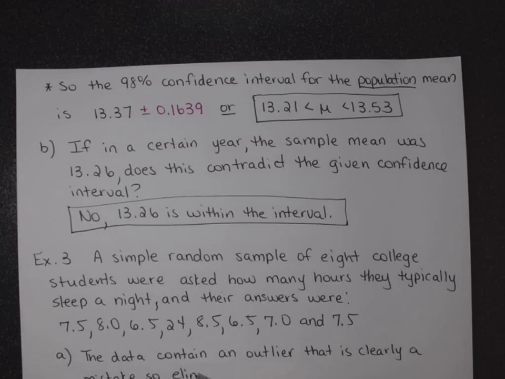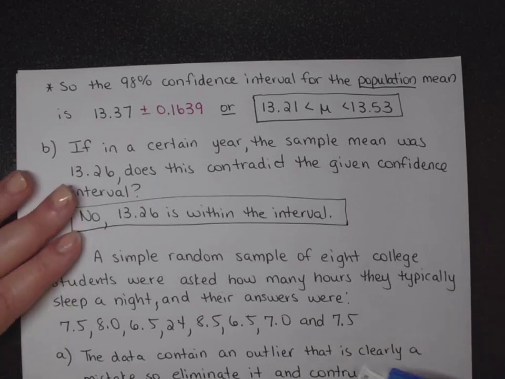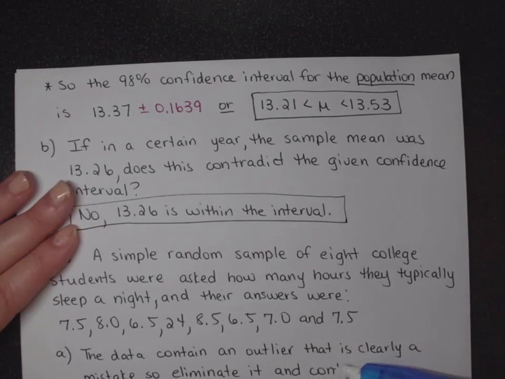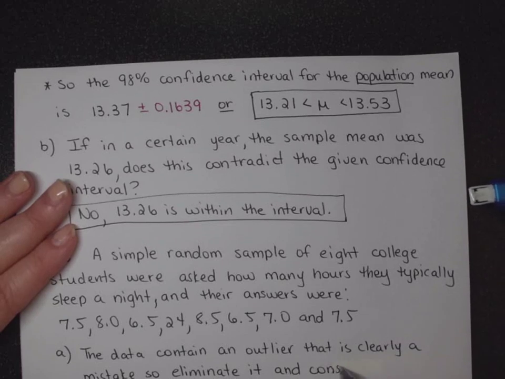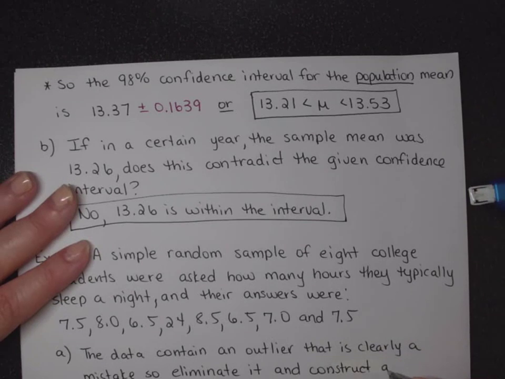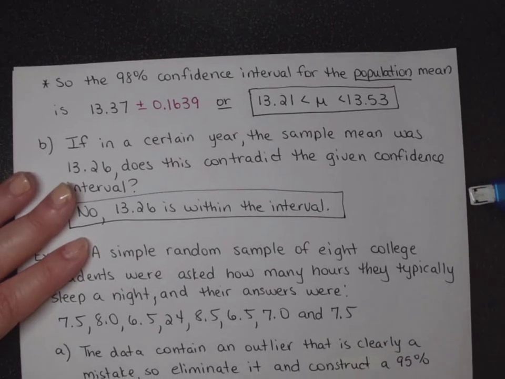So when that happens, we typically eliminate it, and then construct our confidence interval. In other words, if you know it's a mistake, don't include it in your results. Remember we talked about a Michael Jordan salary example where his salary threw everybody else's salary off. So they actually would have been better off to throw his salary out the window, and that's what we're going to do with this 24-hour sleeper.